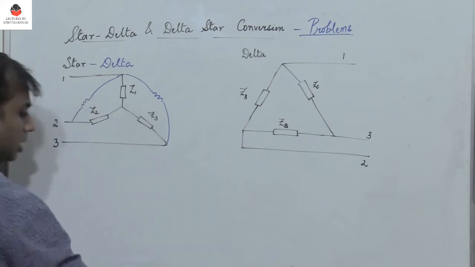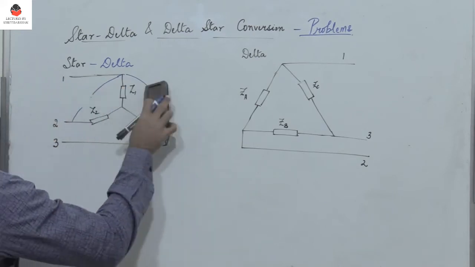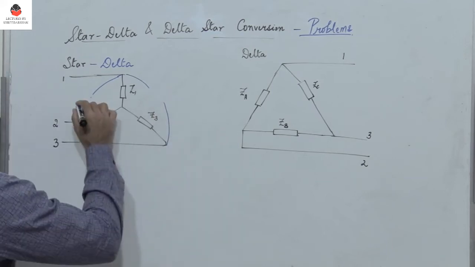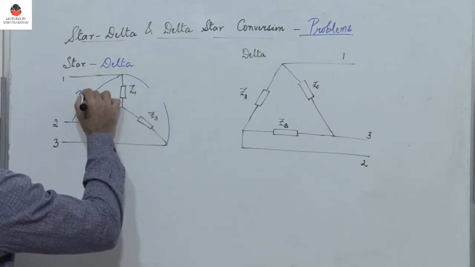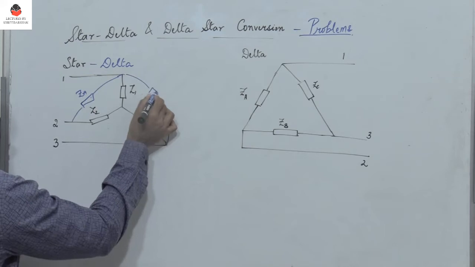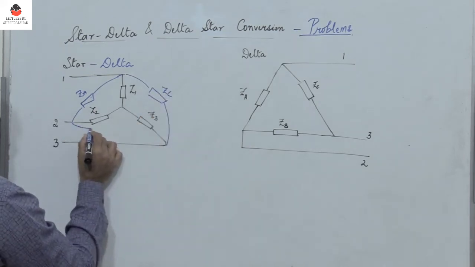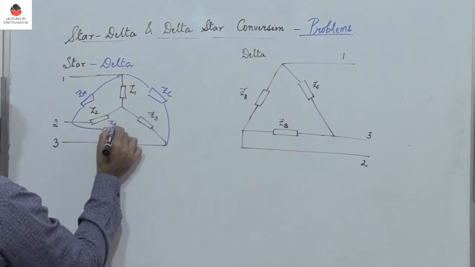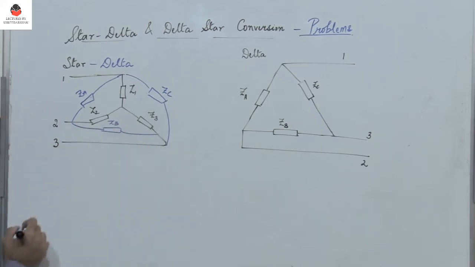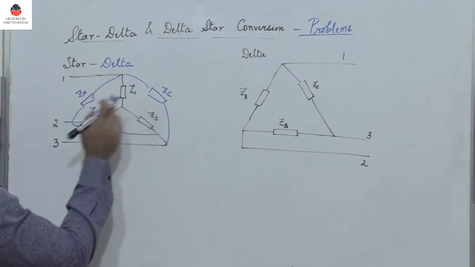So let me consider an impedance here. Let this impedance be ZA and let this be ZC and let this be ZB. Alright, so if I have to convert a star to delta, I need to find ZA, ZB and ZC.